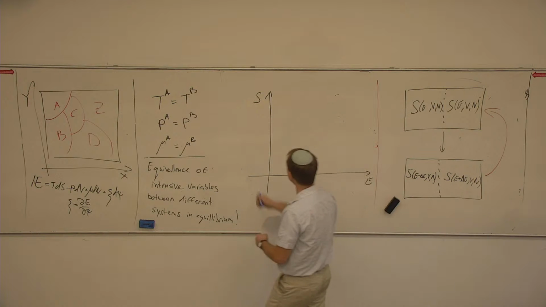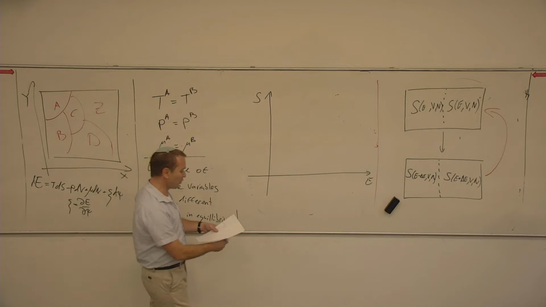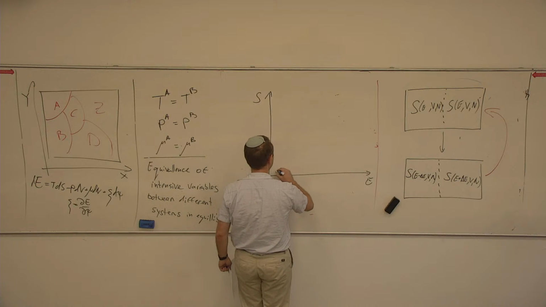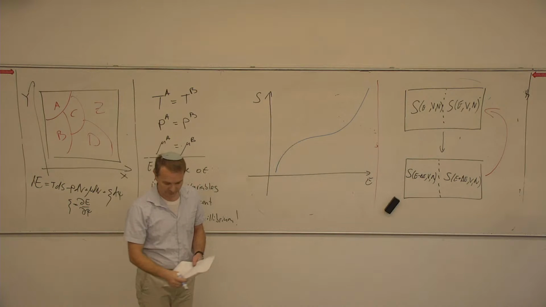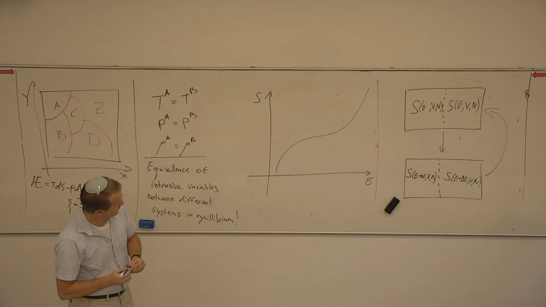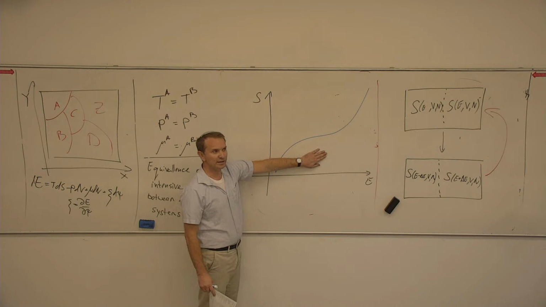Now, we know from the second law of thermodynamics that S is a growing function of E. Okay, so it can be something like this. So let's assume that our function looks like this.